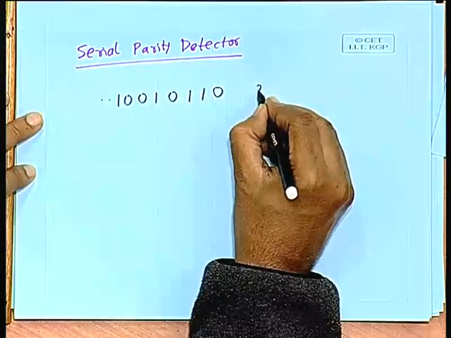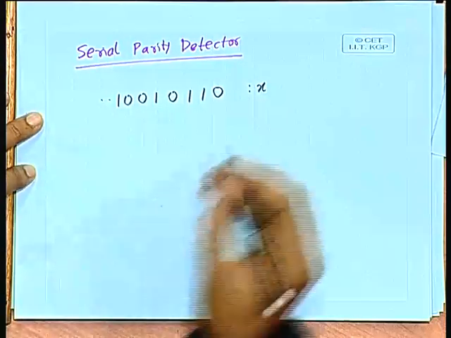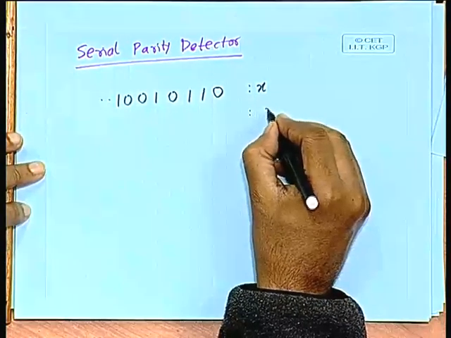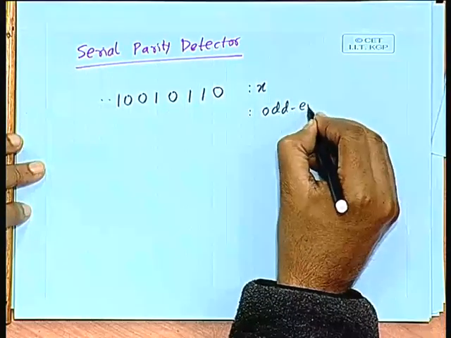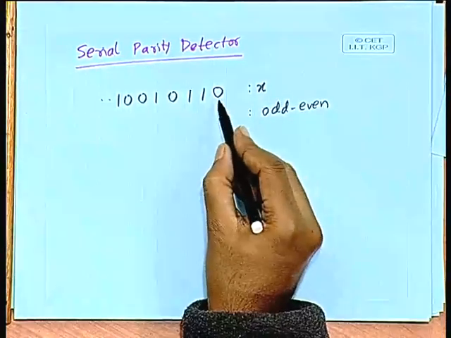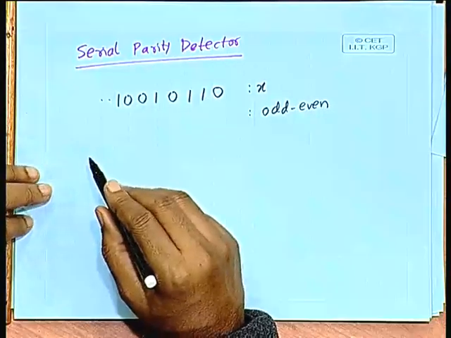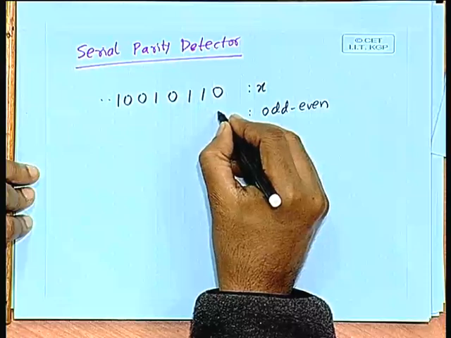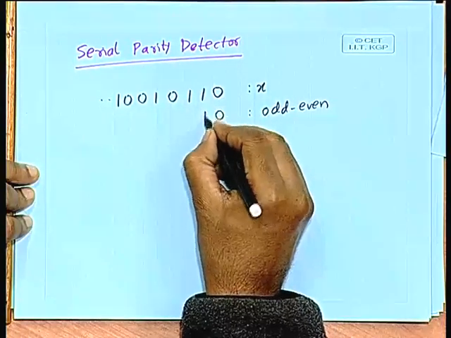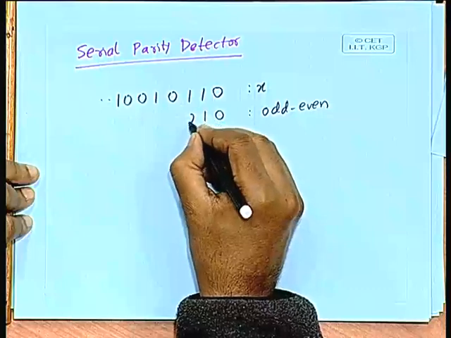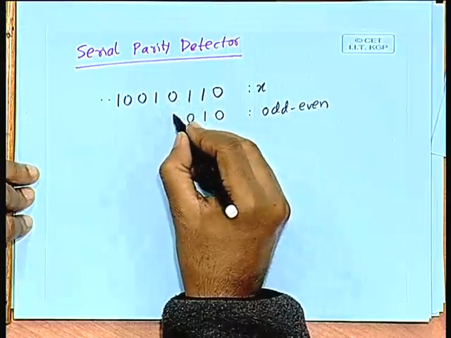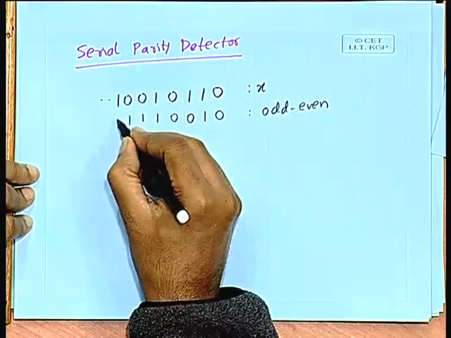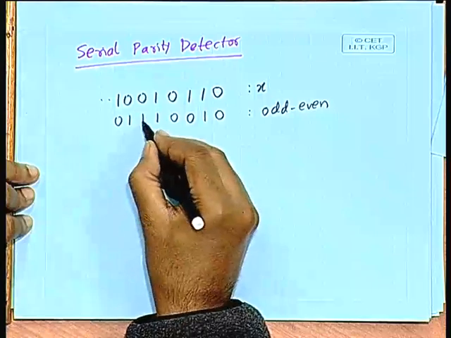This is what I am calling as x, and the state, odd or even, I am trying to write. Depending on whatever you have seen so far, this state will be set accordingly. So, I have seen 0, the state is even; 0 1, state is odd; 0 1 1, state is back to even, odd, odd, odd, even. So, these are the states.